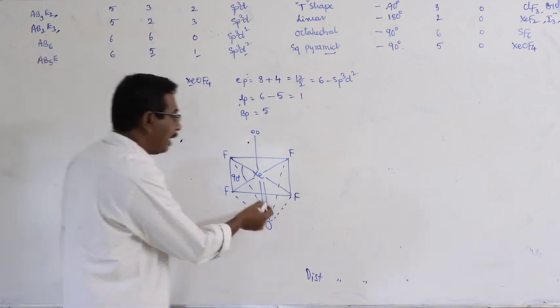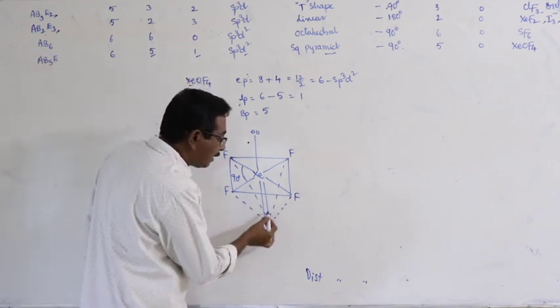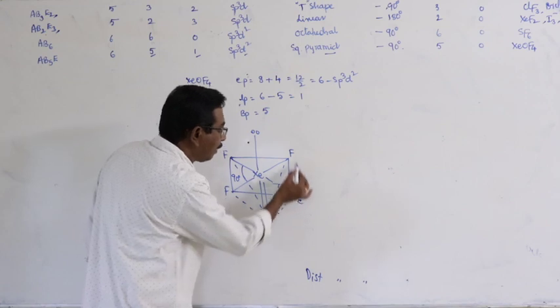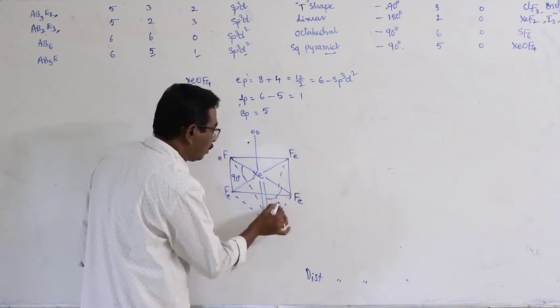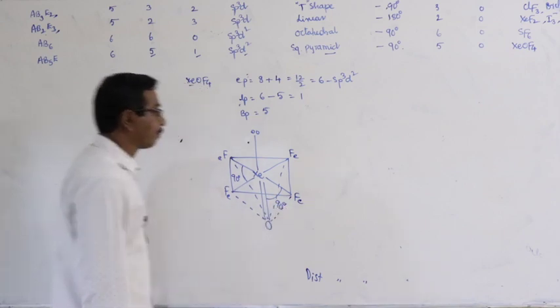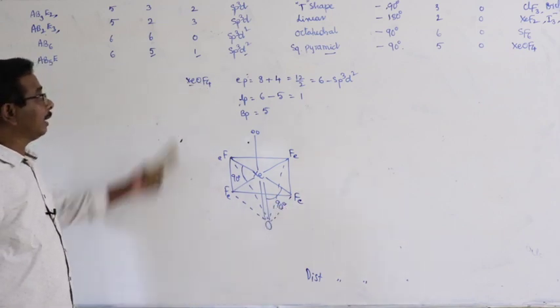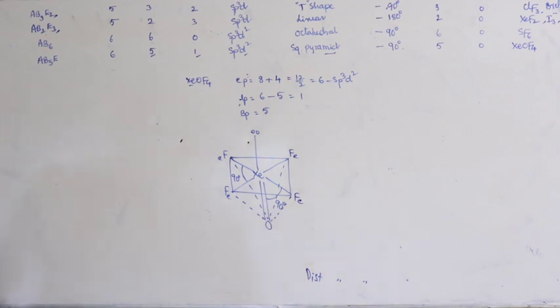The angle between the axial oxygen atom and the equatorial fluorine atoms is also 90 degrees. That is about the details of xenon oxytetrafluoride, AB5E.